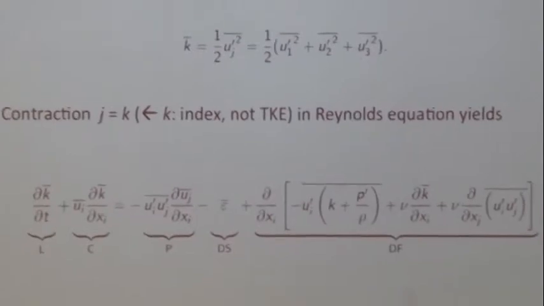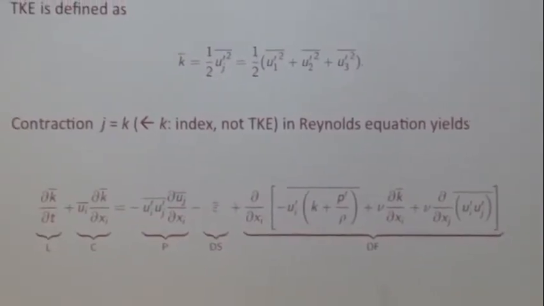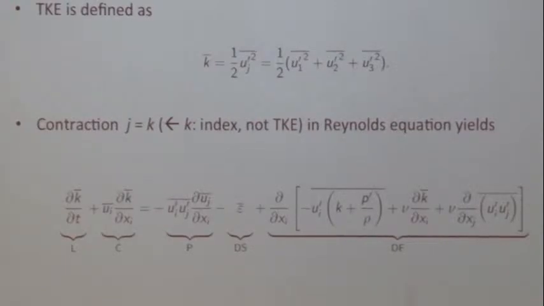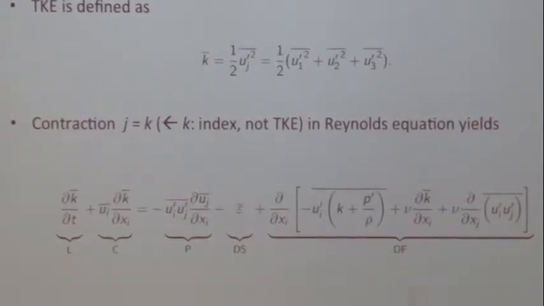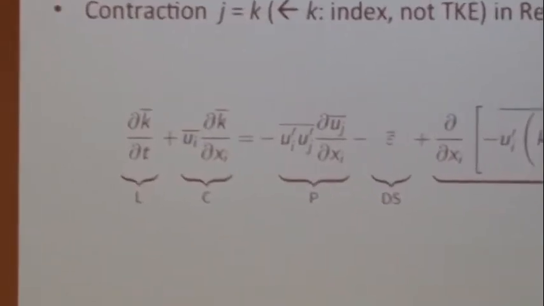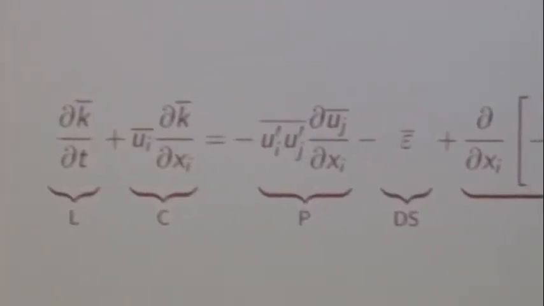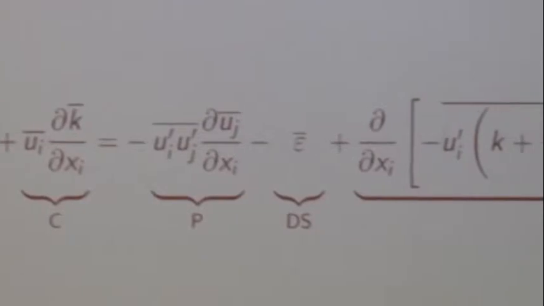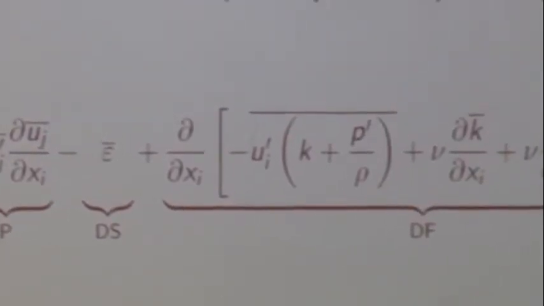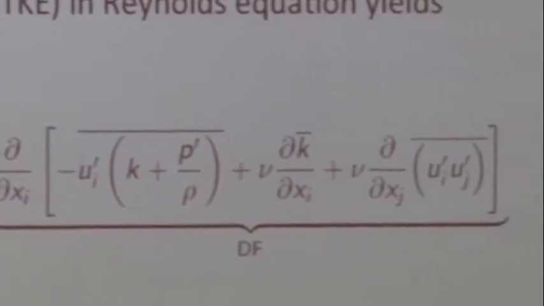And it's interesting to look at this before we talk about models for turbulence, for this Reynolds stress tensor. We want to look at the turbulent kinetic energy equation. Why? Because the equation really tells you where the turbulence comes from and where it goes. So, this tells you what the turbulent kinetic energy is.